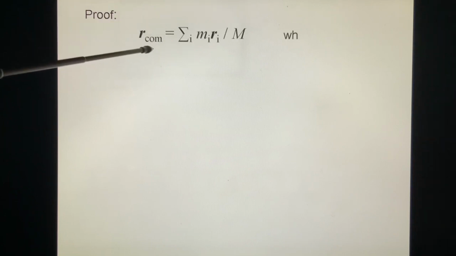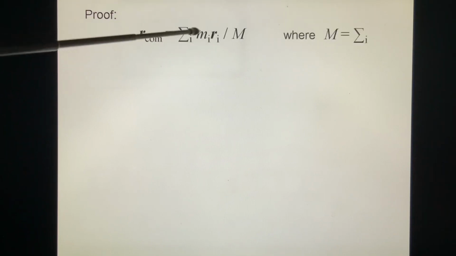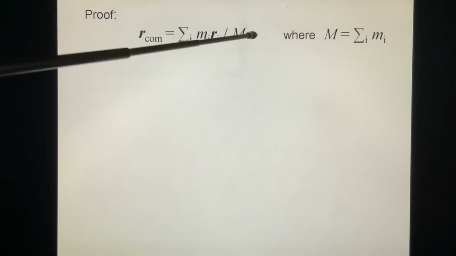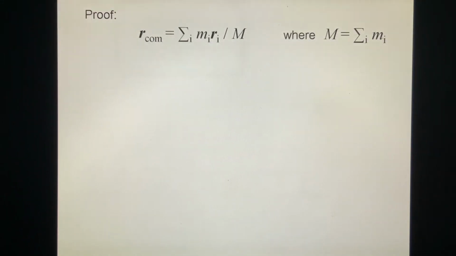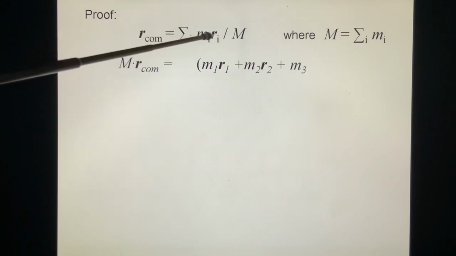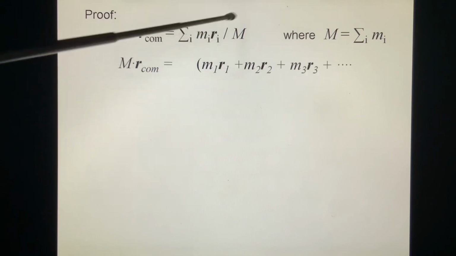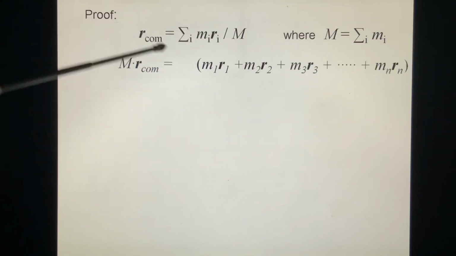Let's prove it. R_com equals sigma m_i r_i over M, where M is the sum of the m_i. We move M over here: M R equals m1 r1 plus m2 r2 plus m3 r3 up to mn rn.